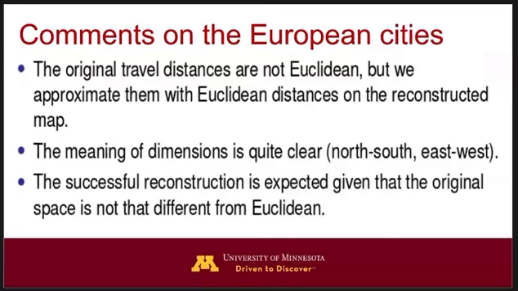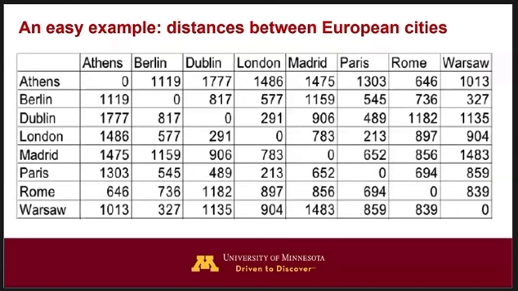Now I said the original travel distances are not Euclidean, but we approximate them with Euclidean distances on the reconstructed map. Let me tell you this. Initially, the original distances between the European cities were not Euclidean. These are natural distances in terms of maybe miles or kilometers, whatever. So this is the natural one. This is not Euclidean.